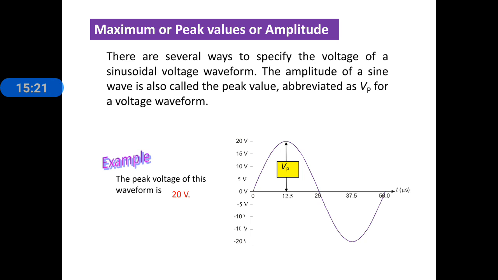So there are several ways to specify the voltage of a sinusoidal voltage waveform. The amplitude of a sine wave is also called the peak value, abbreviated as Vp for a voltage waveform. So peak voltage or maximum voltage or amplitude Vp, in this example it is 20 volt.